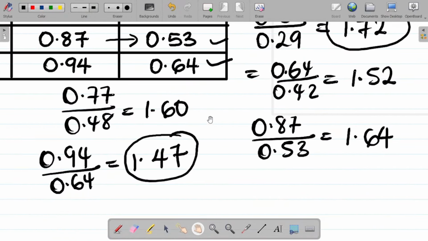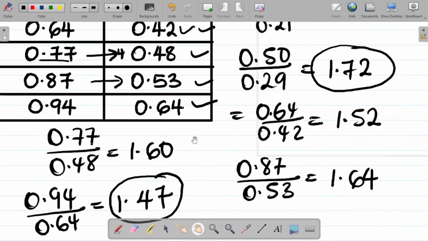So let's get the standard error. Let's get the standard error formula.